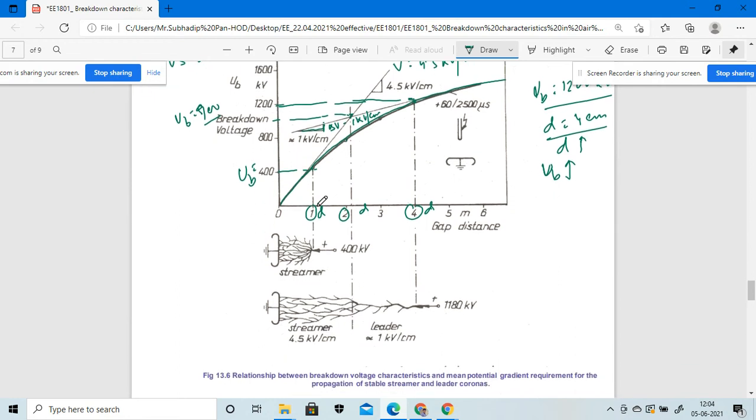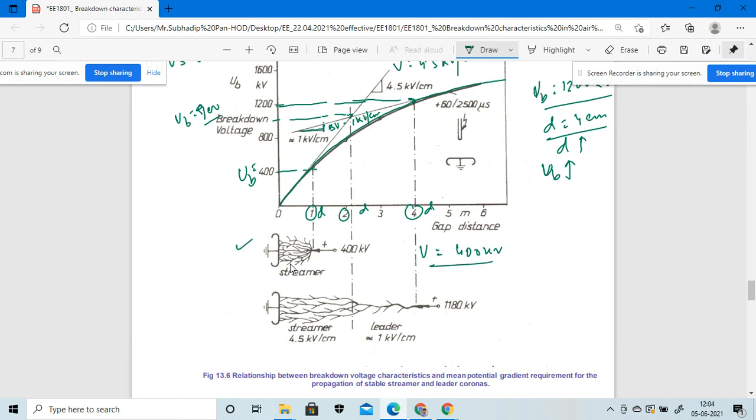In this particular case, there will be the consideration of a streamer breakdown. In case of a streamer breakdown, we have given the voltage of 400 kV. So what will be the effect?